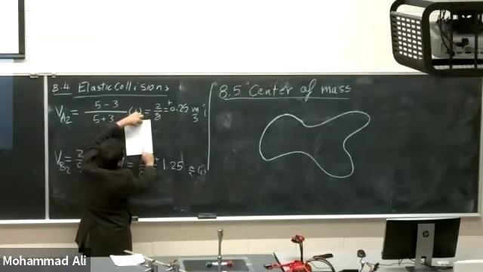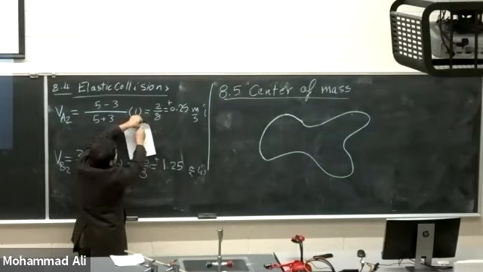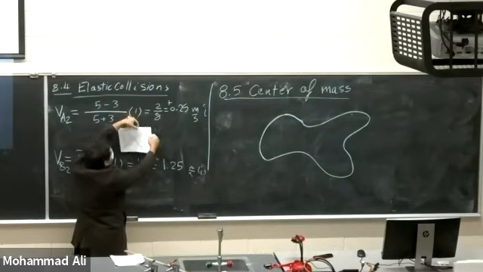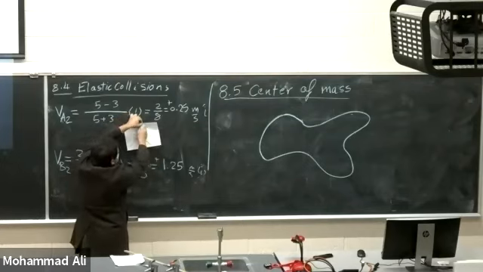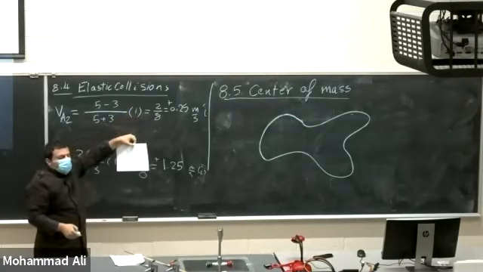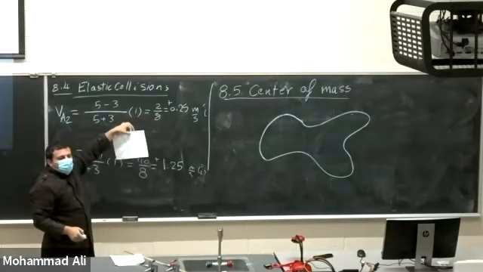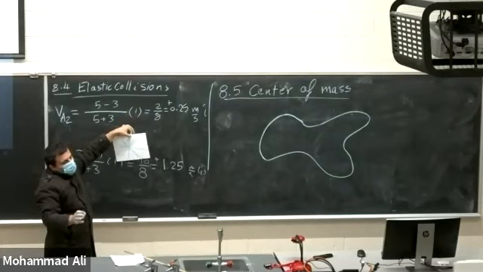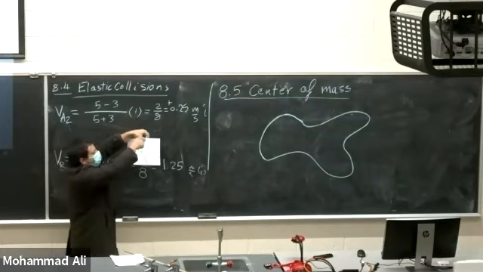If I do this, this is the vertical line. If I do this, this is the vertical line. What is the meaning of this?